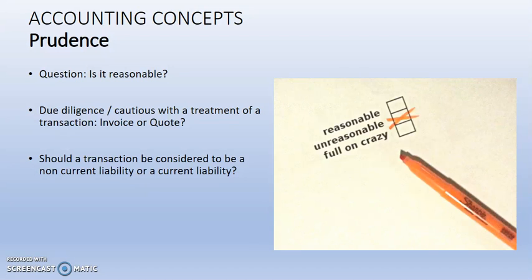Perhaps on a junior level, is the documentation you see in front of you a quote or an actual invoice? So it really focuses on analysing the data that you're given and treating it in the correct and appropriate manner. So, is it reasonable? Is it unreasonable? Or is it really full on crazy as the image projects?